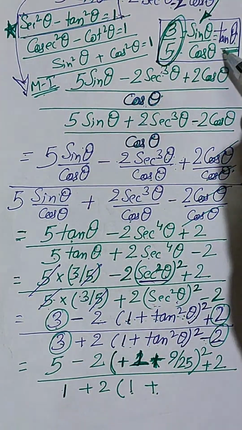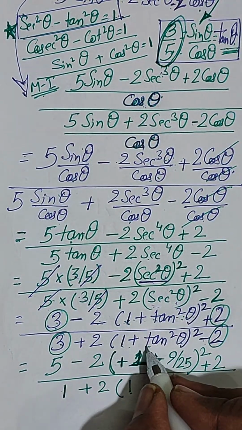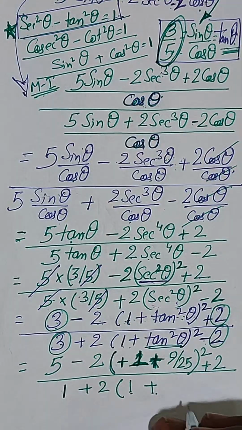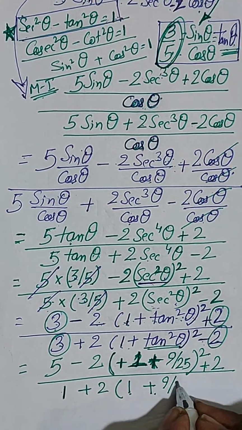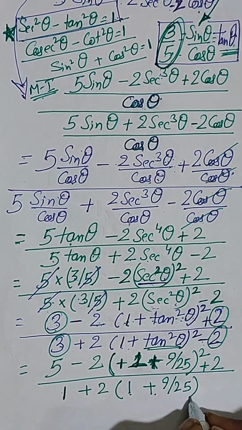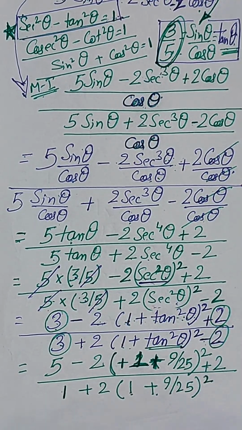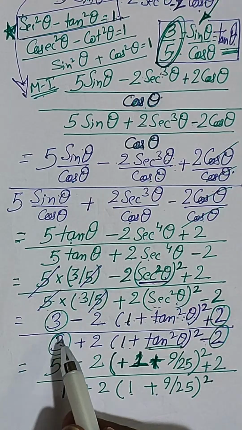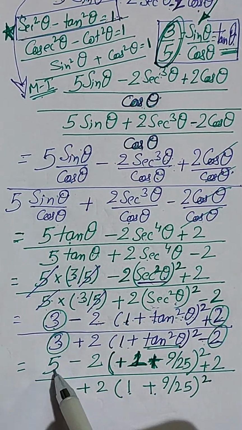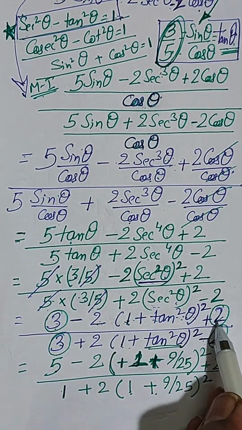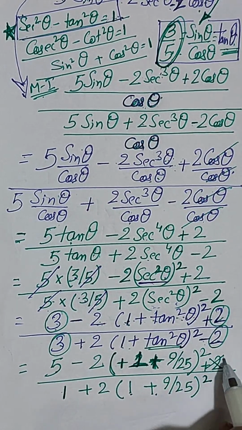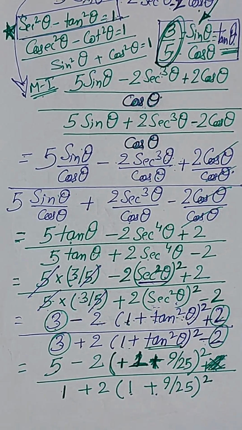Putting this value in place of tan square theta, it becomes 9 by 25 whole square, right? So here you can see 3 plus 2 is 5 already taken. So this 2 will not be repeated over here.